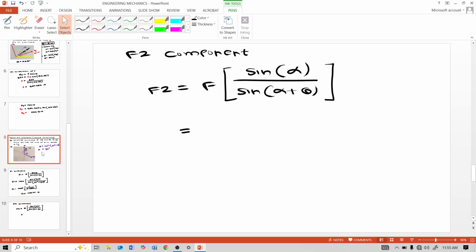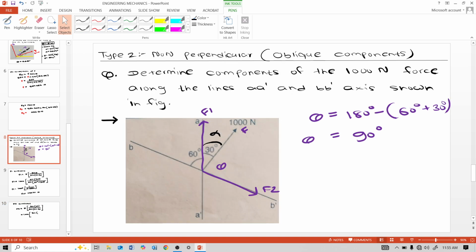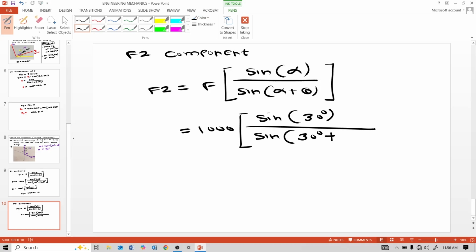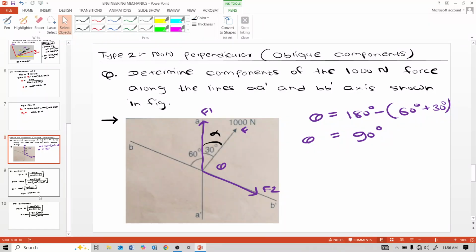So F is 1000 Newton into sine of alpha, which is 30 degree, upon sine of alpha plus theta. Alpha is 30 degree and theta we calculated as 90 degree.